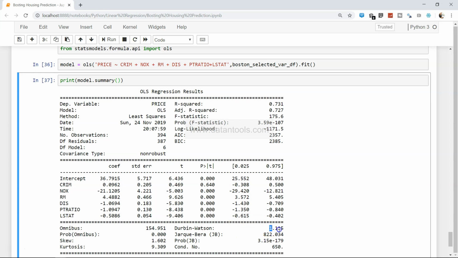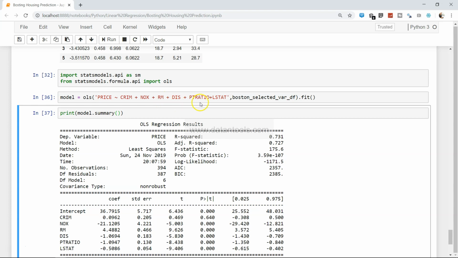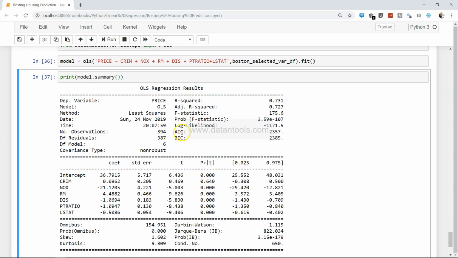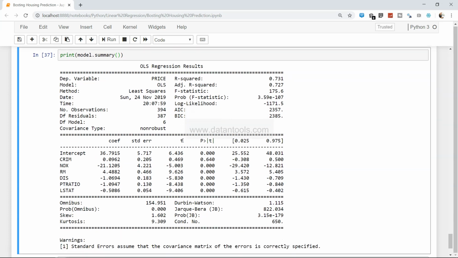So once we check the assumption that these variables are not significantly autocorrelated, then you go ahead and check the Durbin-Watson statistic. There are different statistics it prints. Similarly, AIC and BIC: in the time series, I explained the Akaike information criterion and Bayesian information criterion, what they indicate and how we need to use them.